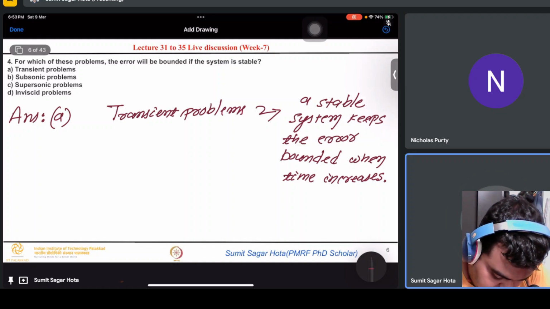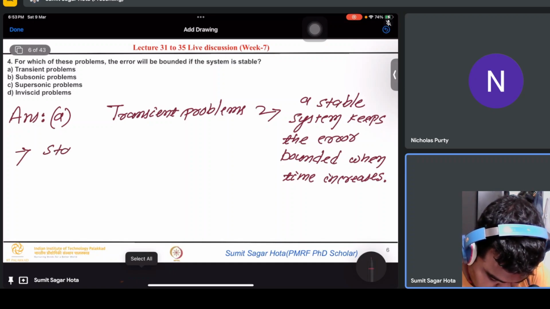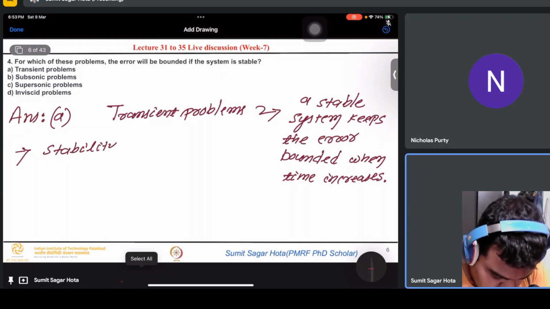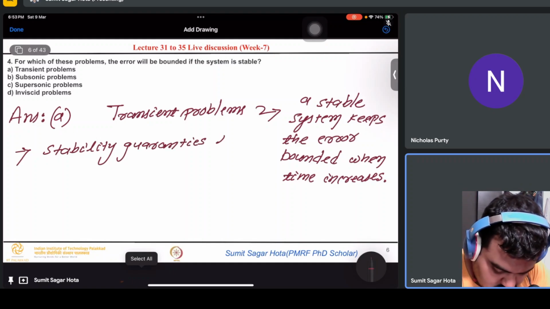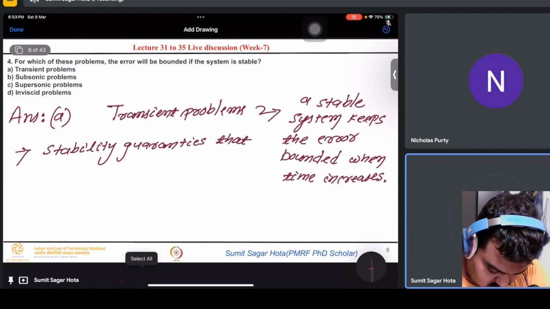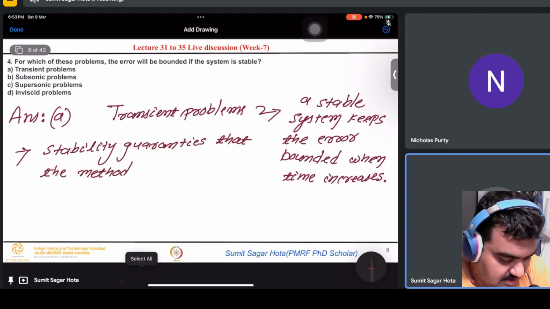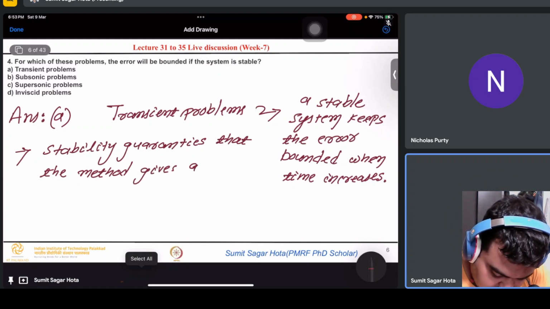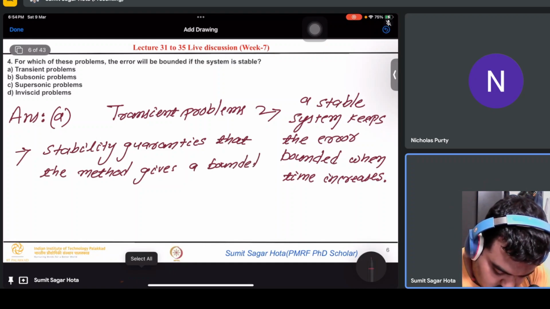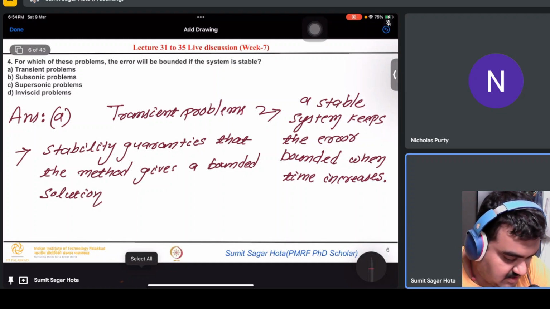One more thing you can write down. Stability guarantees that the method gives a bounded solution if the exact solution is bounded.